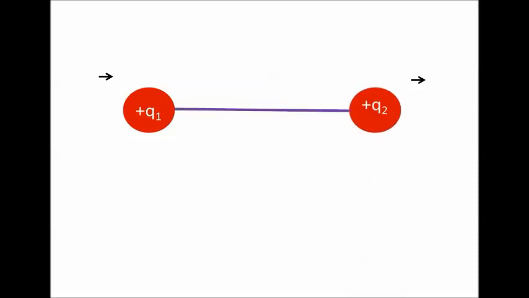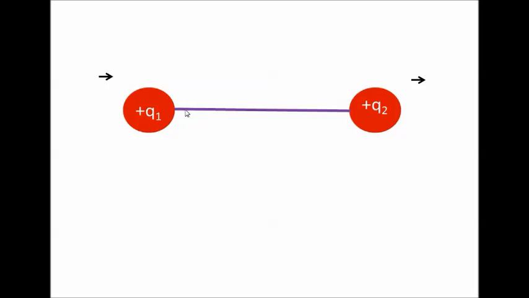Now so far we discussed how to calculate the magnitude of force acting between two charged bodies. If I have two charged bodies Q1 and Q2 separated by some distance r, using Coulomb's law I can calculate with how much force Q1 is being repelled by Q2, and with how much force Q2 is being repelled by Q1. But we know the force that we are dealing with is a vector quantity.